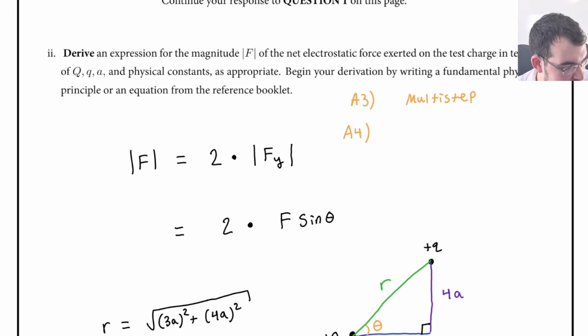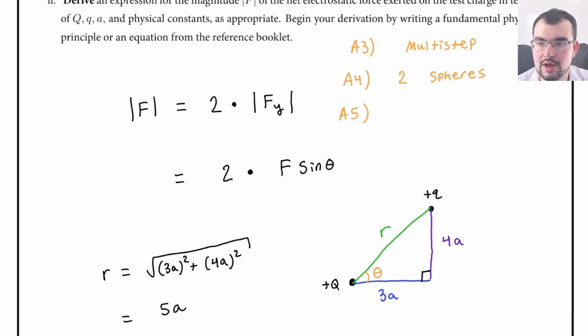A4, you got for understanding that there were 2 spheres. You got A5 for attempting to extract a component. Even if you pick the wrong one, that'll get you later because you'll just get the wrong answer.